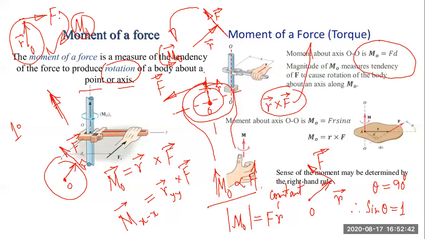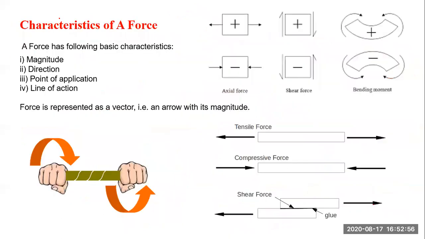So already we have got some idea of the application of the cross product of two vectors. Though in detail you will understand this in the theory of vector or the vector algebra lecture. A force can be categorized by these 4 important or fundamental points.